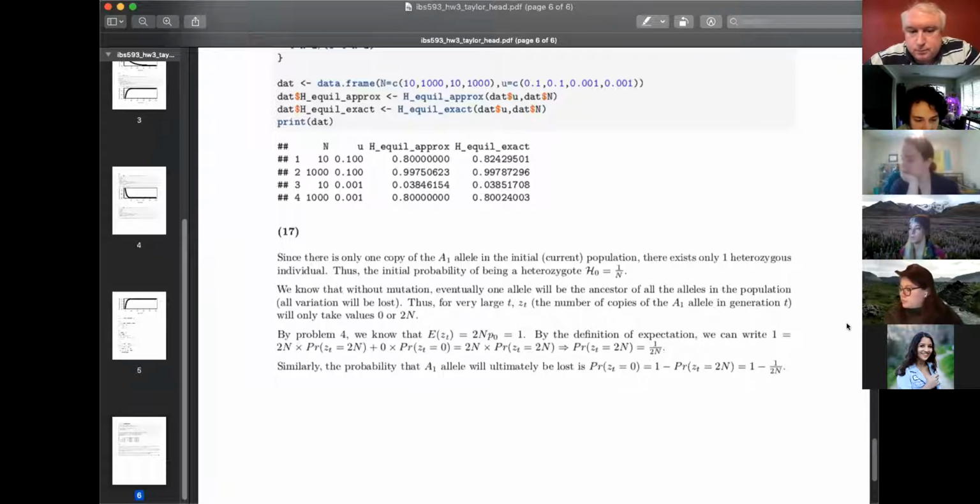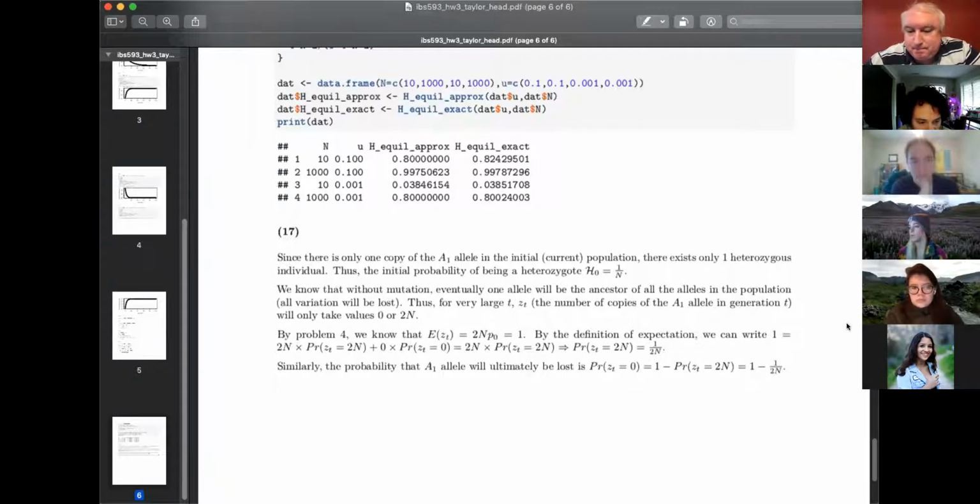However, we know from reading that without mutation, eventually 1 allele, either A1 or A2, will ultimately be the ancestor allele of all the alleles in the population, and so all variation will be lost. Thus, we can assume for a very large T, Z_T, which is just what I called the number of copies of the A1 allele in generation T, will ultimately only take values 0 or 2n.